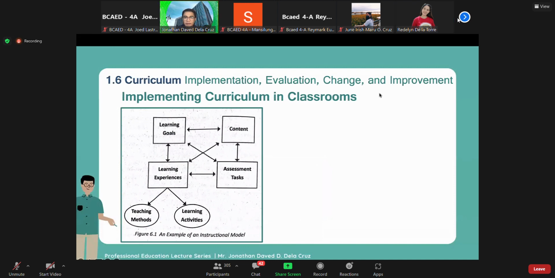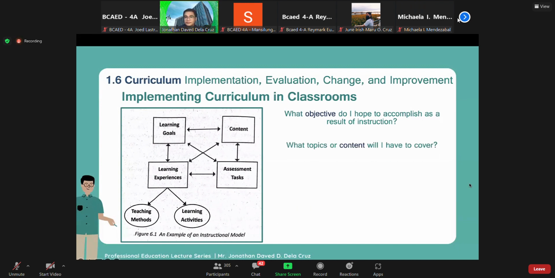Okay. In the implementation of the curriculum in classroom, it's important that we answer these questions. Okay. So you can see in the diagram here that you have learning goals, content, assessment task, learning experience, and the learning experience shows the teaching methods and learning activities.